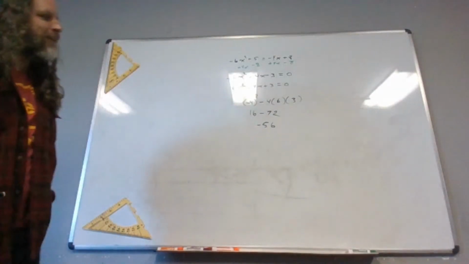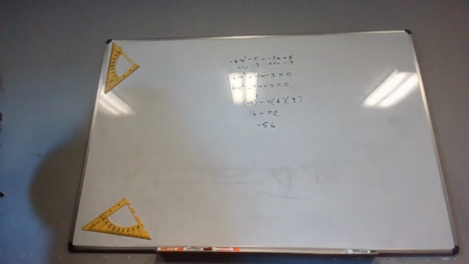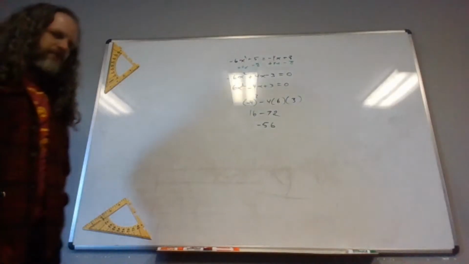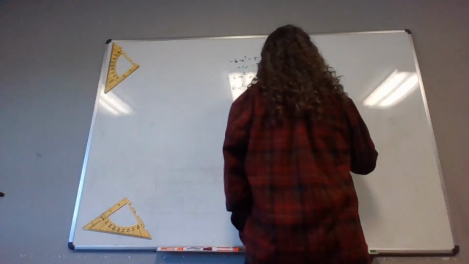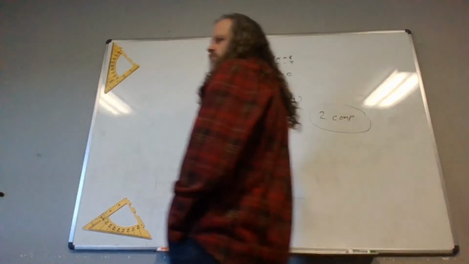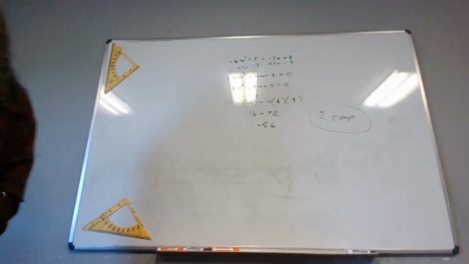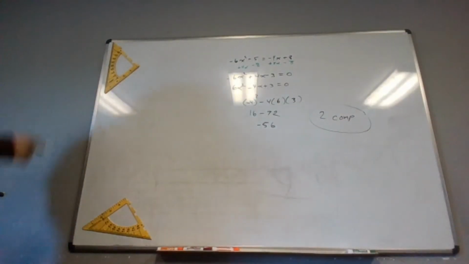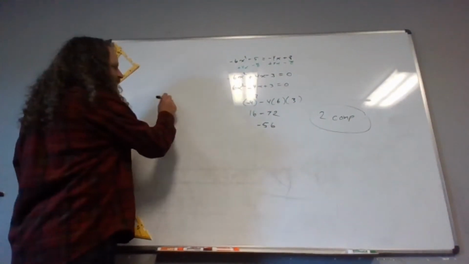Number and type of roots. 2 complex roots. Great. Now we shove it in the quadratic formula and we get what those roots are.